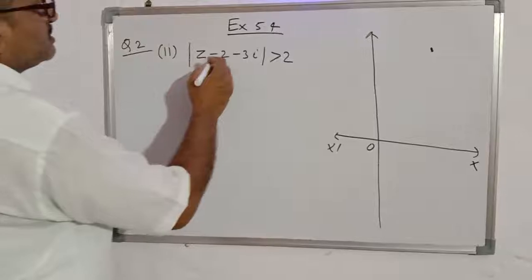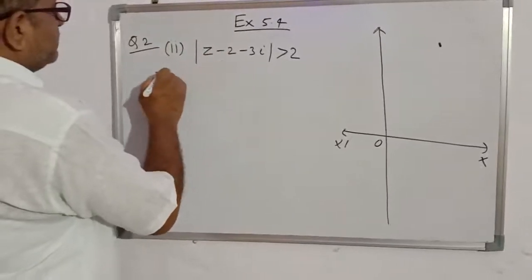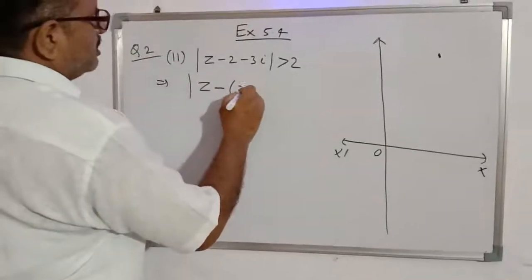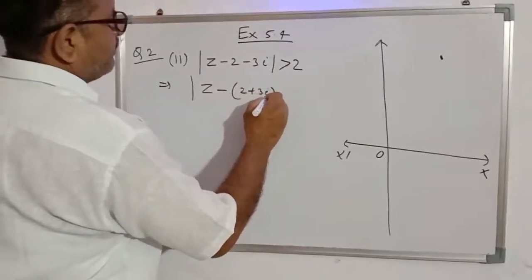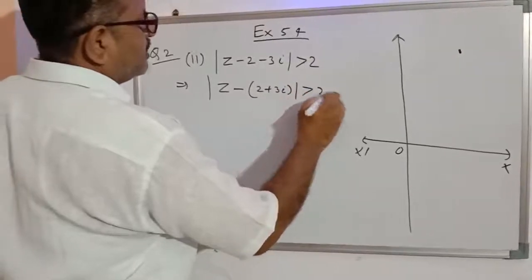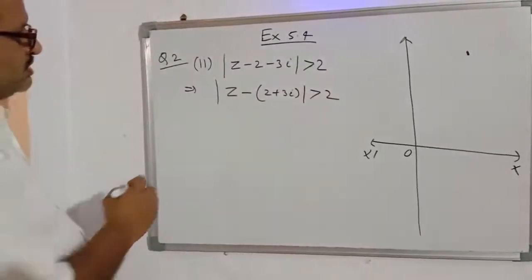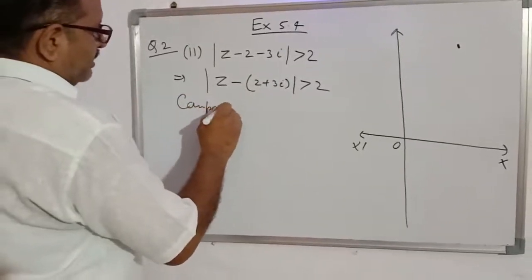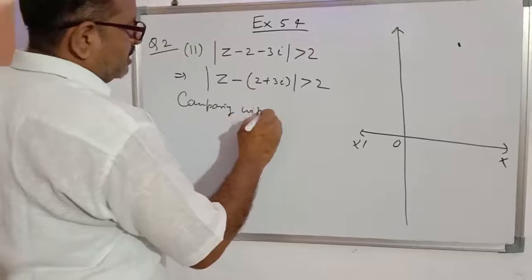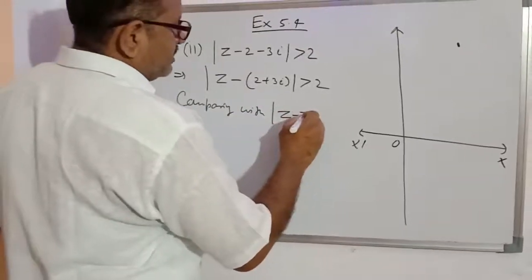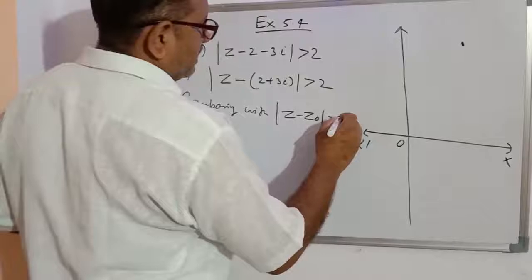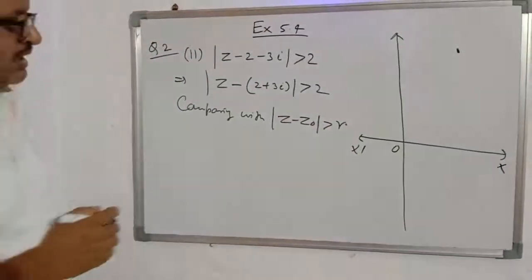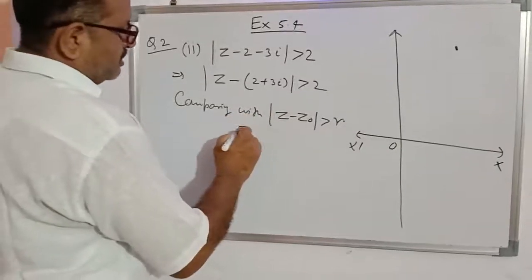So we can see it can be written, taking the minus sign common, as |Z − (2 + 3i)| greater than 2. Comparing with |Z − Z0| greater than r, what is Z0?